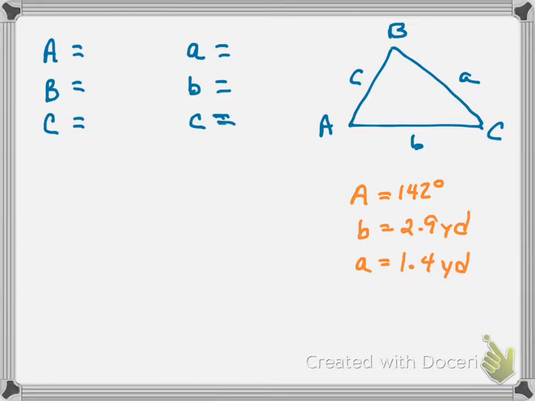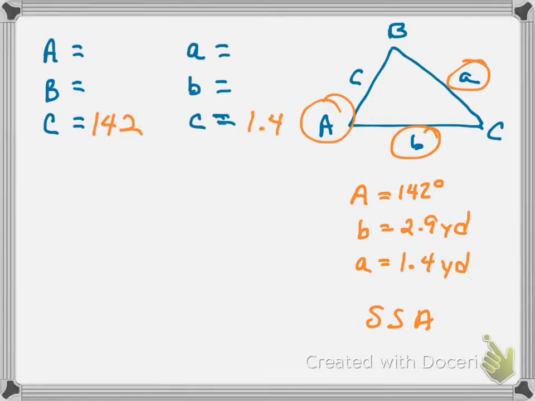All right, and the last example. Here you know angle A, and you know lowercase b and lowercase a. So here's your pair, and once again it's a case of side, side, angle. The angle is not included between the two, so that's the one that spells the bad word. So we have to see which case this is. We have 142, 1.4, and 2.9.